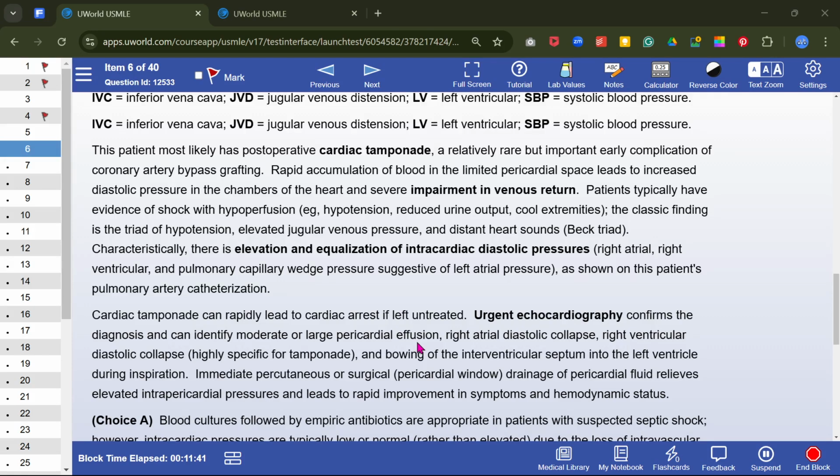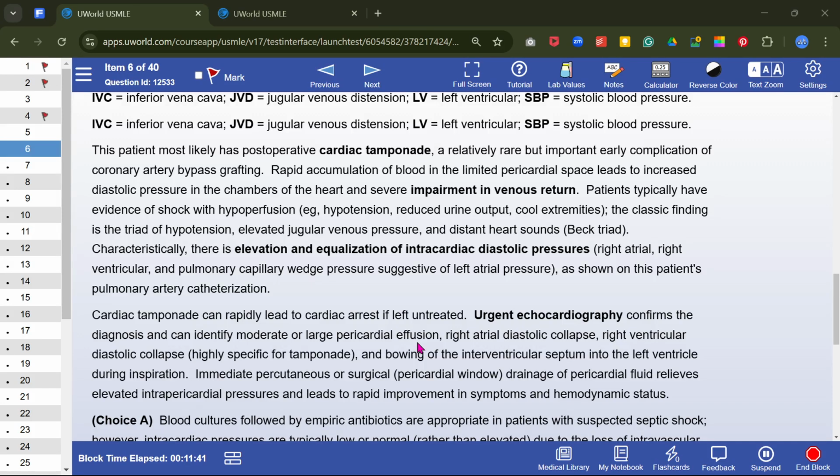And characteristically, there is an elevation and equalization of the intracardiac diastolic pressures, like right atrial, right ventricular, and pulmonary capillary wedge pressure, suggestive of left atrial pressure, as shown on this pulmonary artery catheterization. Cardiac tamponade can rapidly lead to cardiac arrest if left untreated.